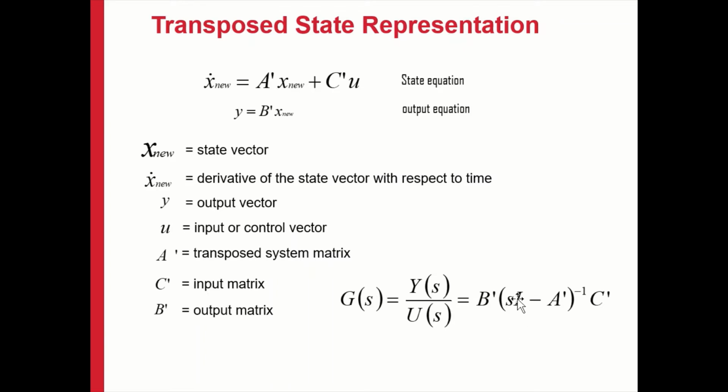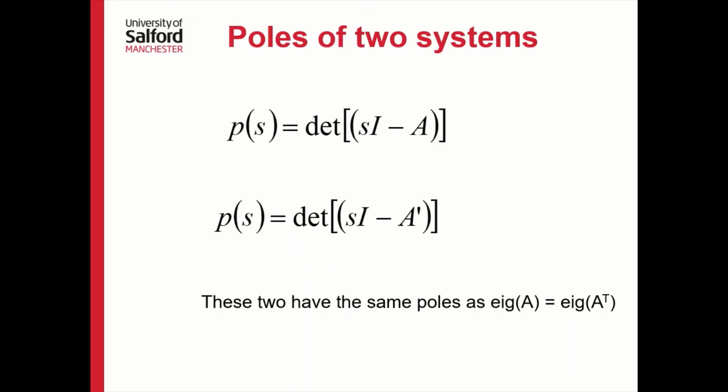If we work out the transfer function of this, instead of being C times sI minus A to the minus 1 times B, it becomes B transposed times sI minus A transposed to the minus 1 times C transposed. And we can then work out the determinant of the original system and the determinant of this, and because the eigenvalues of A are the same as the eigenvalues of A transpose, we can conclude that the poles of both systems are identical.